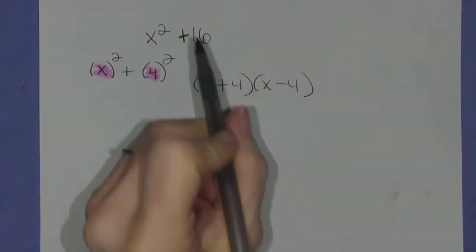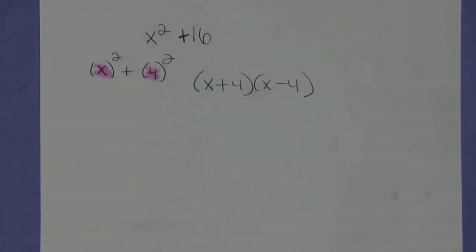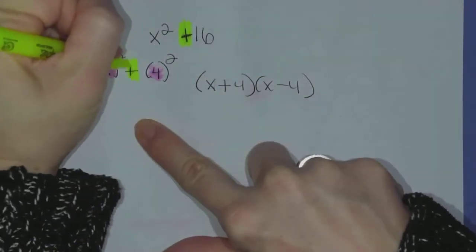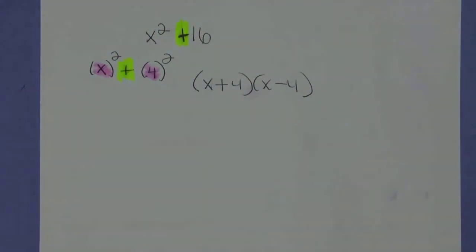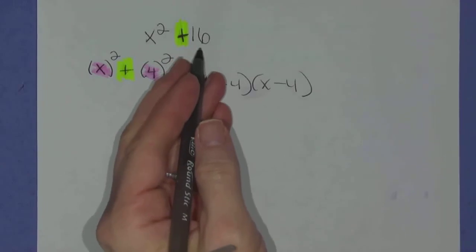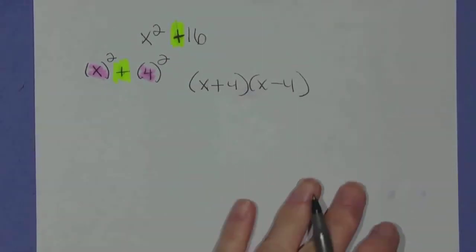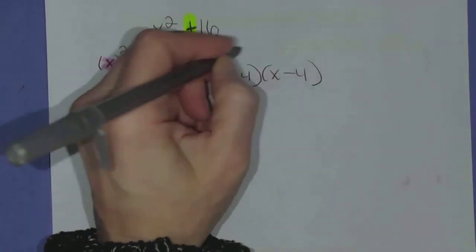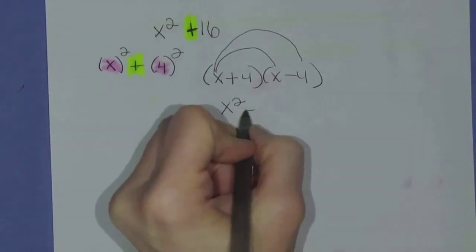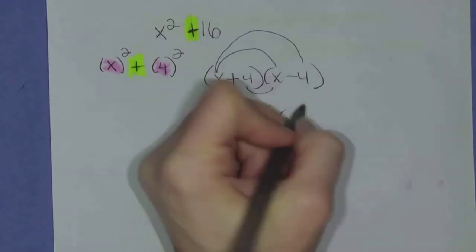What they did not pay attention to is this sign right here. It turns out this isn't right. This isn't true. What will happen is it'll look like it's going to be true, but watch what happens when I check. Here's your x squared. Here is the negative 4x added to the 4x.